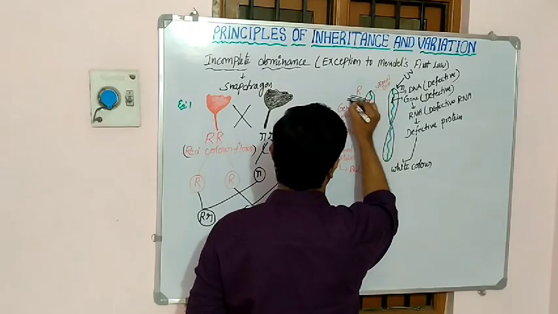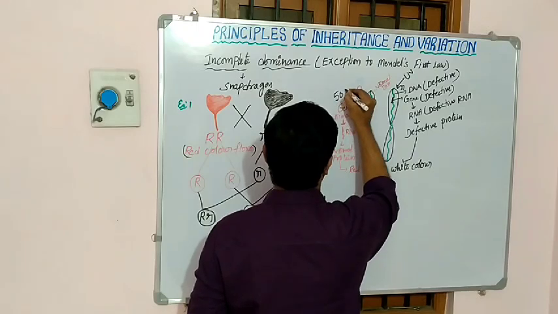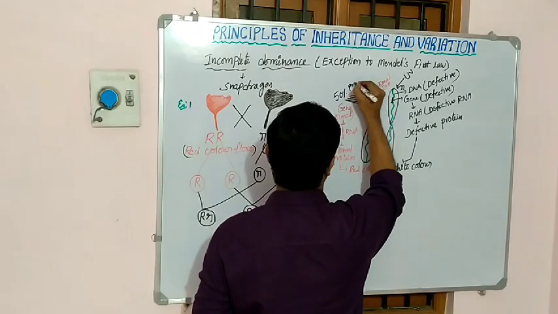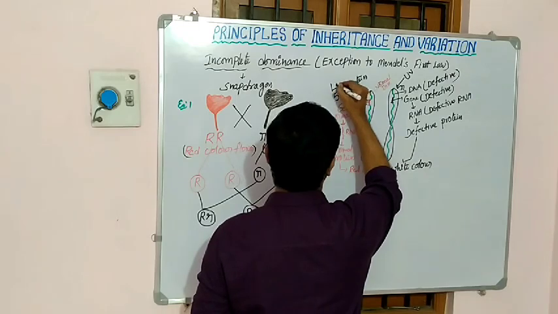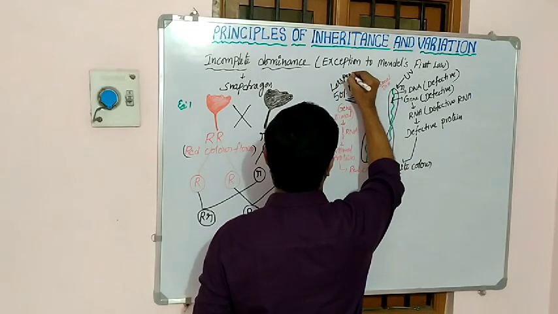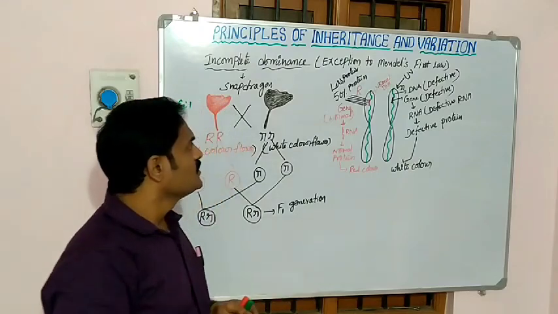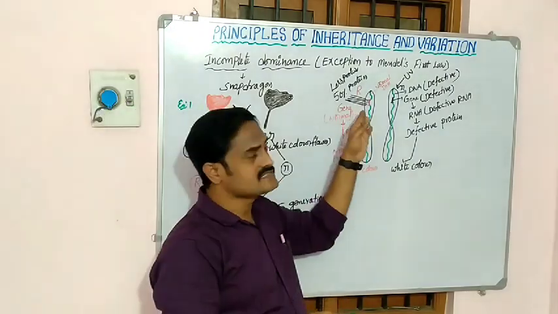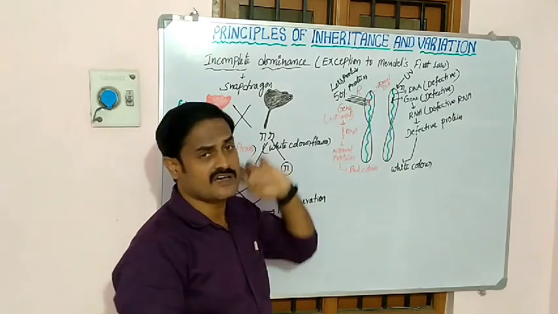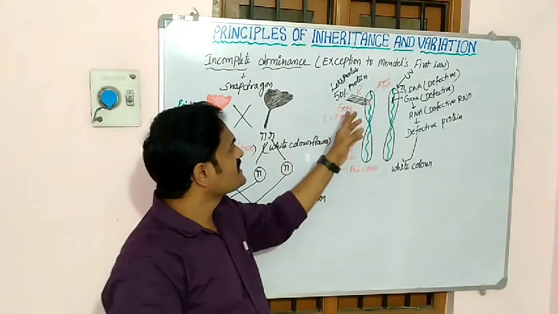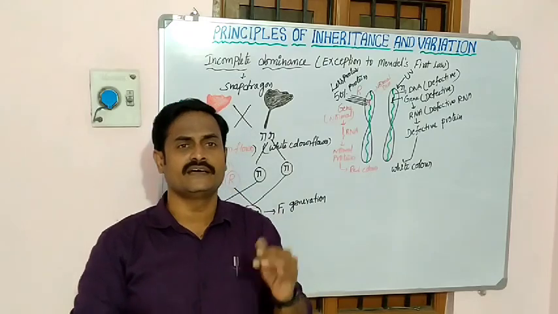So the gene produces 50% of protein. That means it produces less protein, remember. So there is no 100% of protein from this normal gene. For that reason, here only 50% of protein is released.